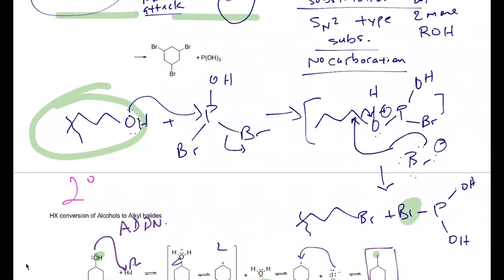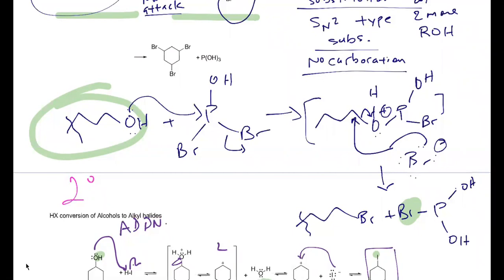But it's not separate, it's in the same pot. You understand what I'm saying? So when I run this reaction in the lab, I add in 3 times as much alcohol as I do PBr3. Make sense or no? Any questions about it?